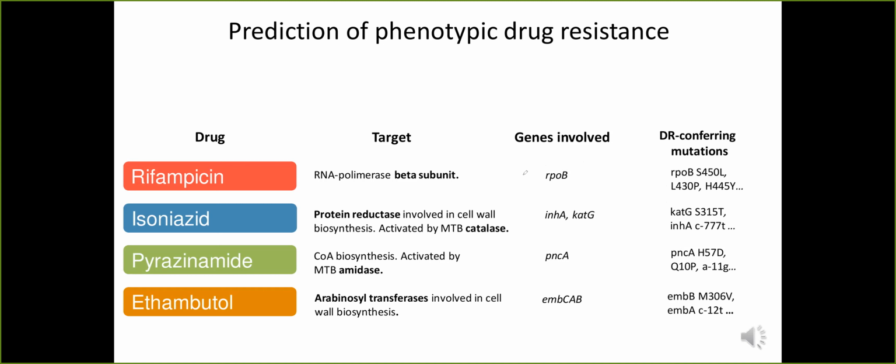The reason is that, for example, you might imagine that one mutation can appear in RPOB, and that mutation might be a synonymous mutation, or even if it's a non-synonymous mutation, by the way the conformational changes it produces in the protein, maybe those changes do not impede rifampicin from binding to the beta subunit of the RNA polymerase, and maybe rifampicin can block the activity despite a mutation in RPOB, whereas other mutations, such as this one, produce a change that impedes rifampicin from binding to the beta subunit.